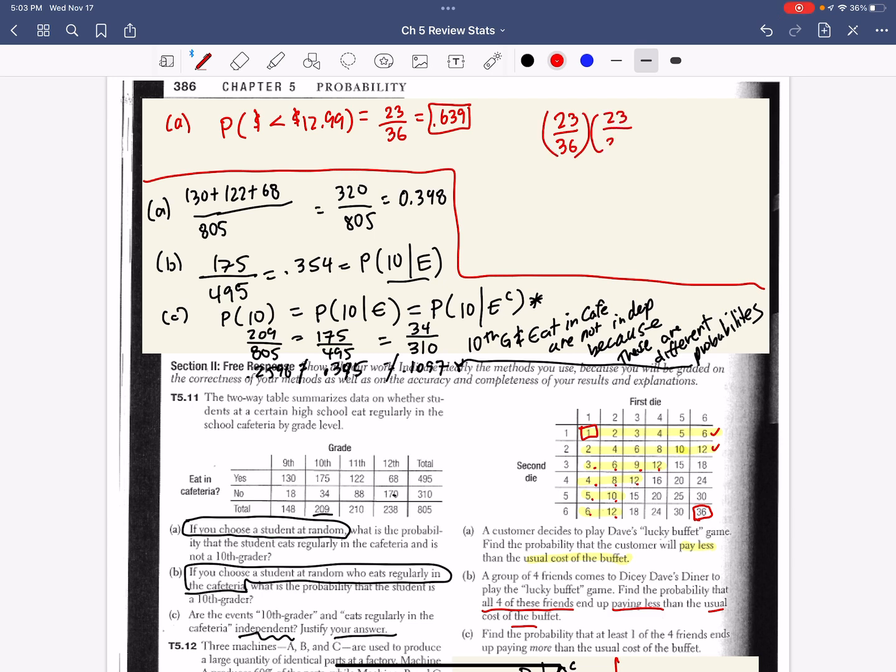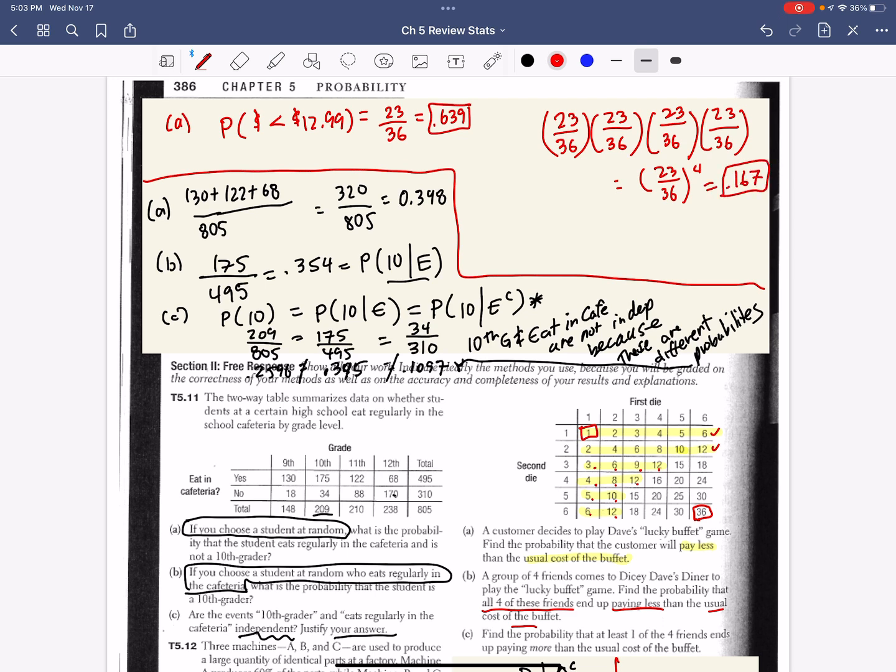This would be the next person paying less. This would be the third person paying less. This would be the fourth person paying less. So the probability that all 4 people end up paying less would be the same thing as this to the 4th power. When we type that into our calculator, we get 0.167.